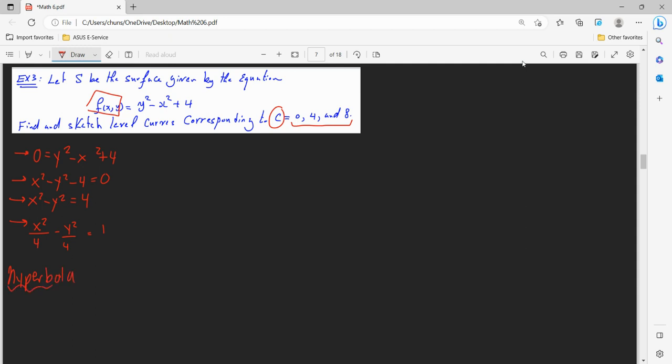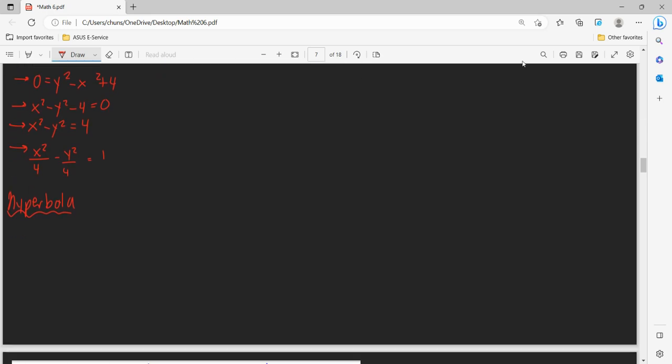Now we want to find out if it opens up and down or left and right. So we can plug in 0 to find our y-intercept.